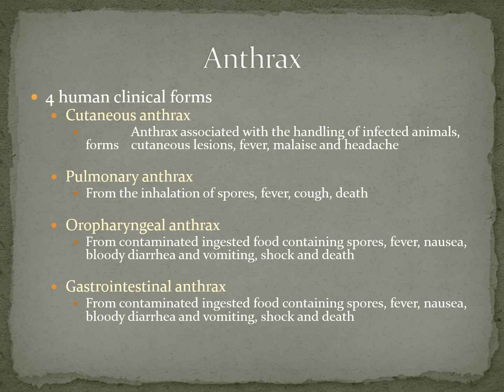People that have oropharyngeal anthrax are going to have fever, nausea, bloody diarrhea, and vomiting, and that could result in shock and death. And then finally, the 4th clinical form would be gastrointestinal anthrax, and a person would get gastrointestinal anthrax from ingesting food containing spores, and these patients will have fever, nausea, bloody diarrhea, vomiting, shock, and death.